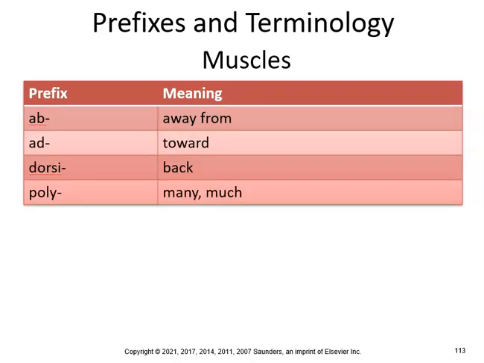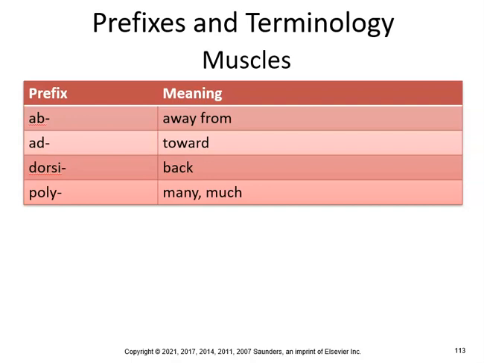So you've got your prefixes: ab, away from; ad, toward; dorsi, back; poly, many. Again, myalgia is pain in the muscle. So what if you have polymyalgia? Dorsiflexion would be bending of the foot backward.